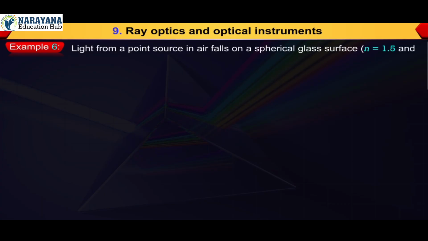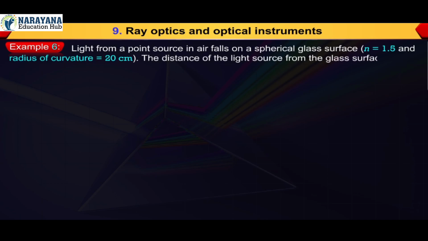Example 6. Light from a point source in air falls on a spherical glass surface where n is equal to 1.5 and radius of curvature is equal to 20 cm. The distance of the light source from the glass surface is 100 cm.